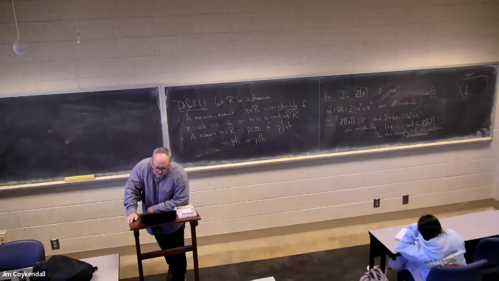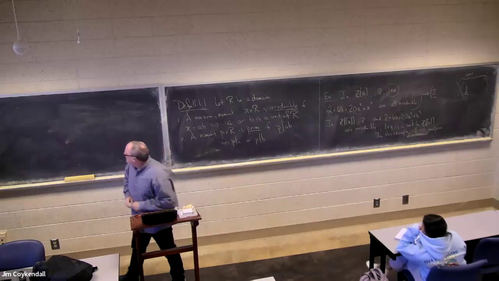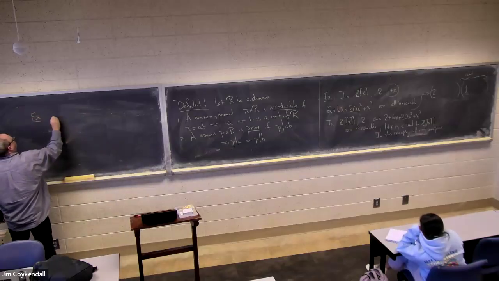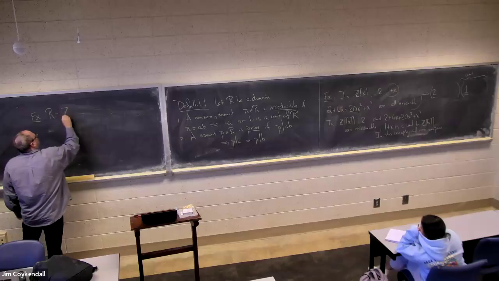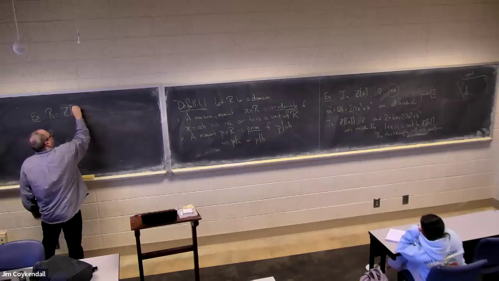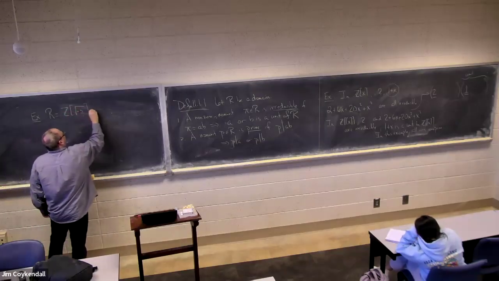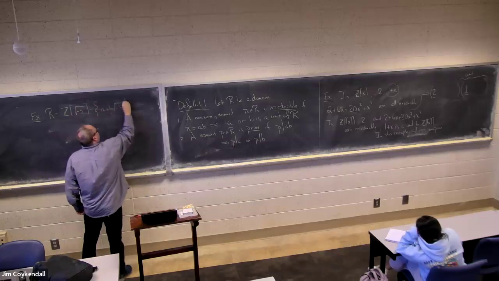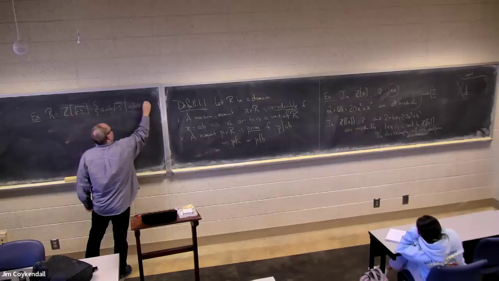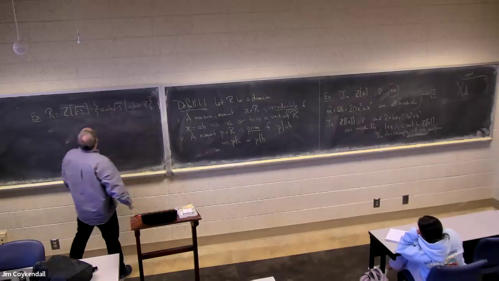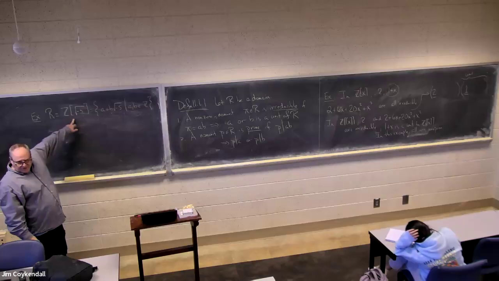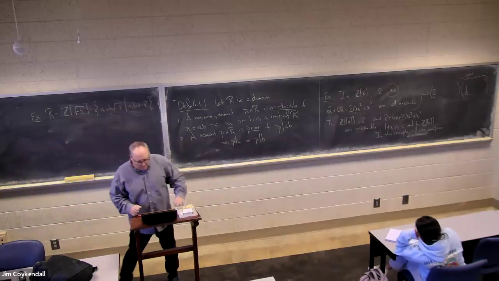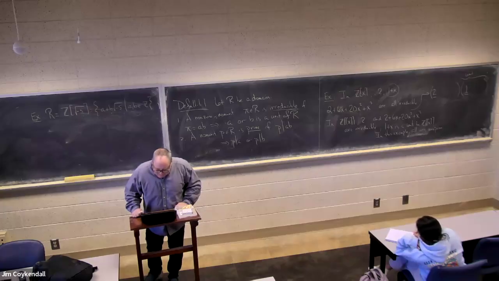I'll give you another example, and see if you can fool around with this and justify it. This is the set of a plus b times the square root of -5, for a and b integers, the set of complex numbers of this form.